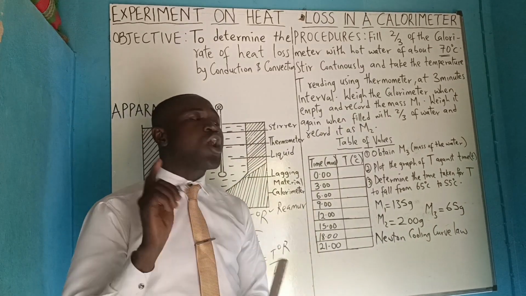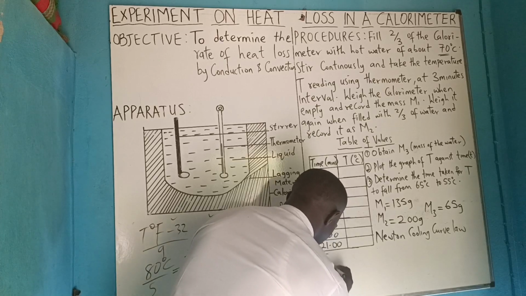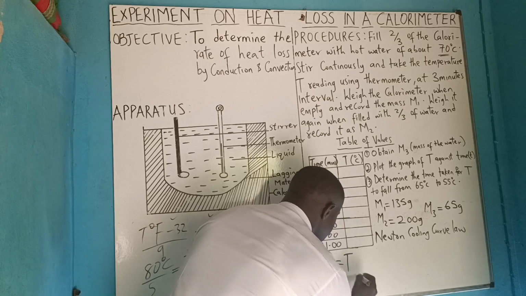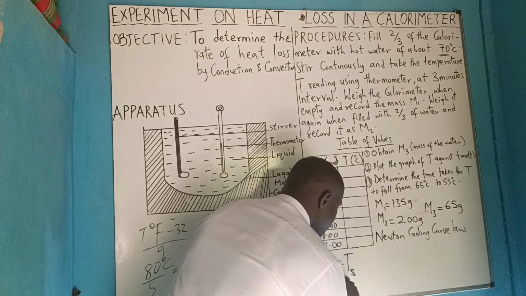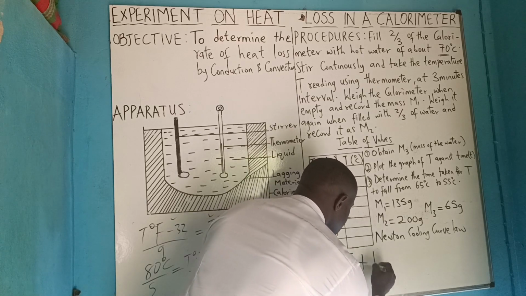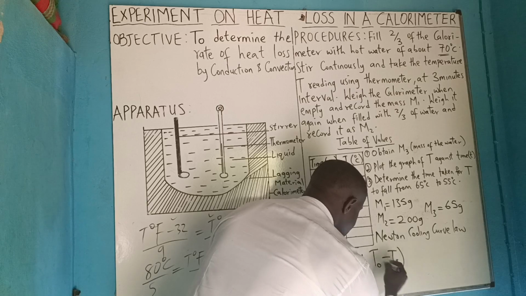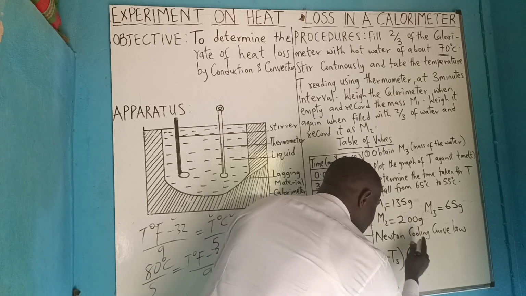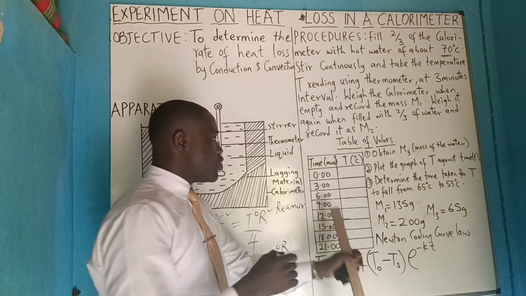This law says that T(t), the temperature at a particular time, is equal to T_S, the temperature of the surrounding, plus (T_0 minus T_S) times exponential of minus kt. You have it this way.